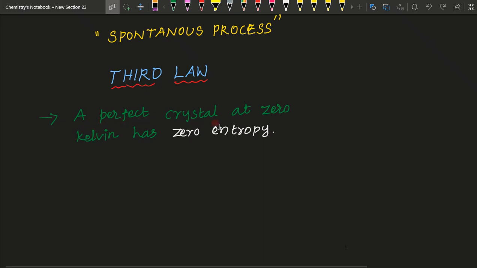Please don't forget this. A perfect crystal at 0 Kelvin has 0 entropy. This is the third law of entropy. We can see the third law of thermodynamics in full detail in the next video.